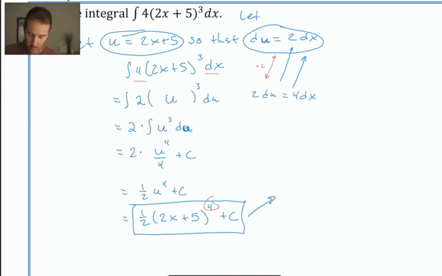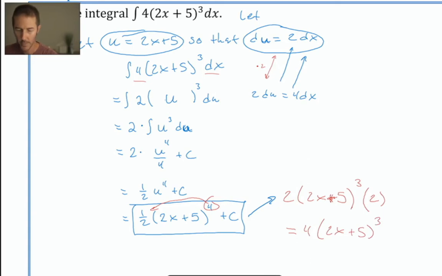If I take this 4 and I multiply it out front by this coefficient, then I would get 4 times 1/2 is 2, and I would keep the 2x plus 5, and I would decrease the exponent by 1, which makes it a 3, and then I have to implement the chain rule and multiply by the derivative of the inner function, and the derivative of 2x plus 5 is 2. And then I do the 2 times the 2, I get the 4, I keep the 2x plus 5 to the power of 3, and that was my original integrand.